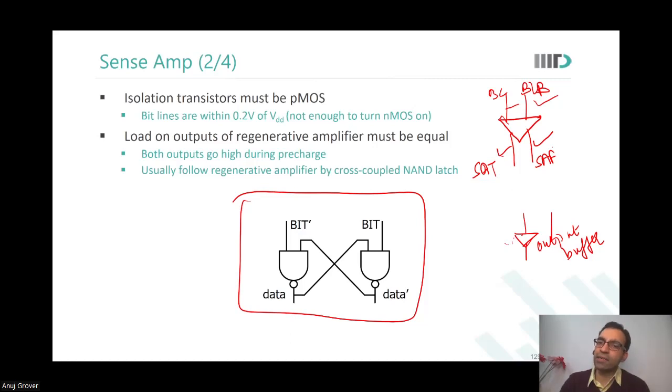I cannot connect SAT or SAF directly, because suppose SAT went down and SAF remained at VDD. I cannot really connect SAT directly to my output buffer. Why? Because to start the next cycle, I have to take it up. It means my output will only get a glitch, nothing else.